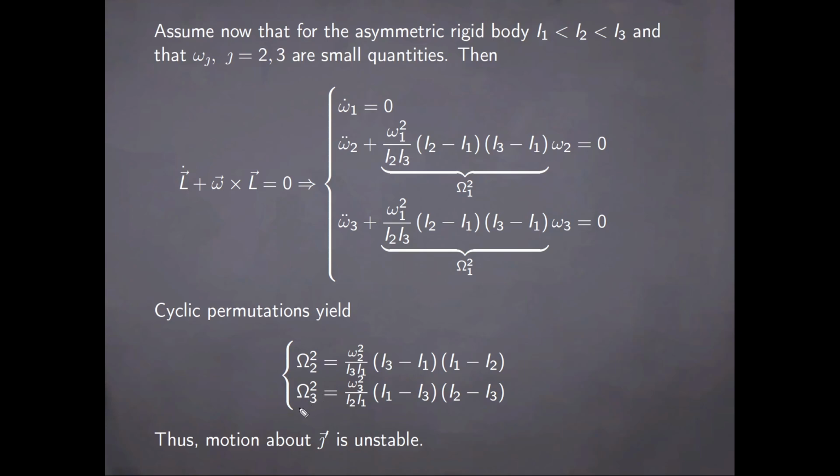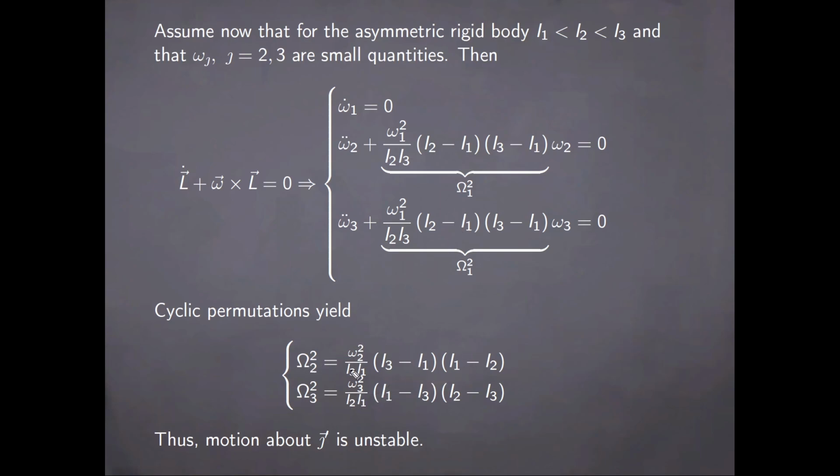If we look at the third component, once again we see that this square is a positive number. So once again we are discussing stable motion. But in the second case, we see that this is in fact a negative number because of the way the values of the moments of inertia are specified.